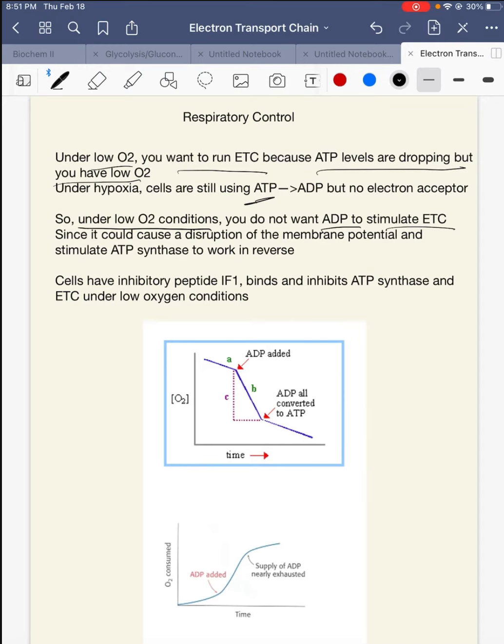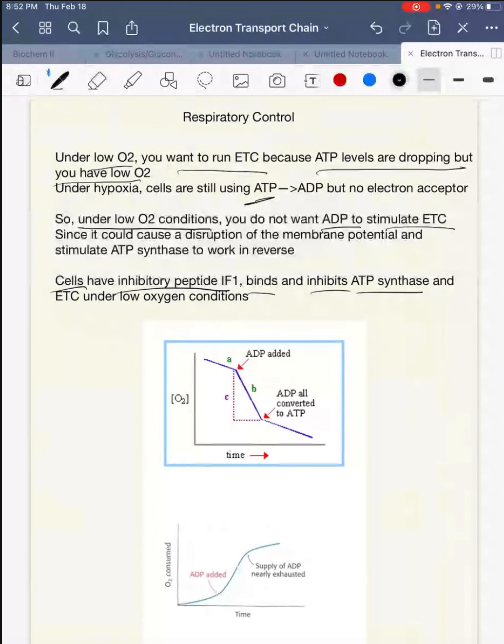stimulate ETC. So what cells have is this inhibitory peptide called IF1. It binds and inhibits ATP synthase under low oxygen conditions. When it binds and inhibits ATP synthase, it stops it from hydrolyzing ATP, because under hypoxic conditions, ATP synthase will start hydrolyzing ATP.